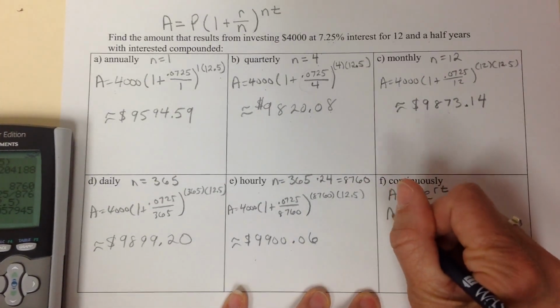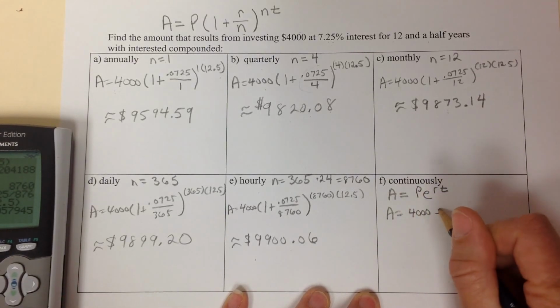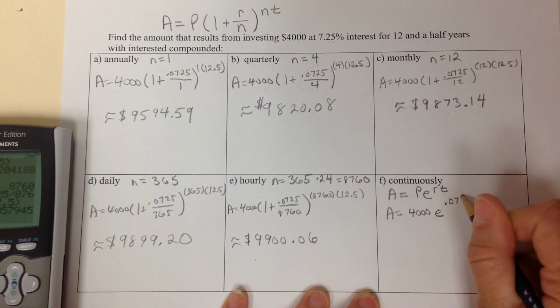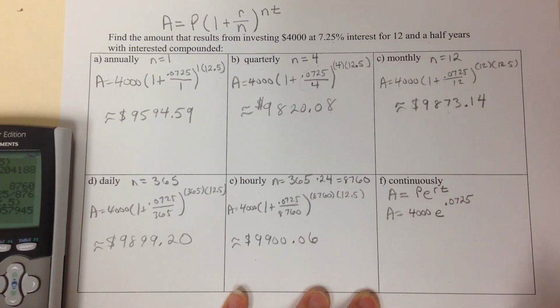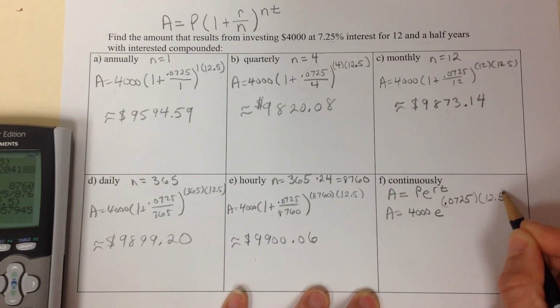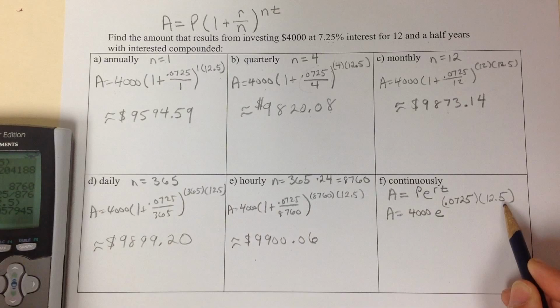So we're still looking for A. P is still 4,000. e to the r, that's the rate now in the exponent, 0.0725, multiplied by the time. And I'm still going to have to be careful to make sure that this multiplication occurs in the exponent.